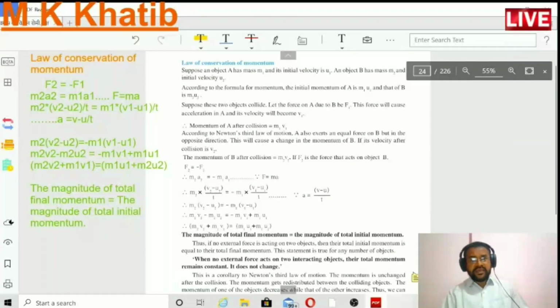Thus, if no external force acts on two objects, then their total initial momentum is equal to their total final momentum. When no external force acts on two interacting objects, their total momentum remains constant.